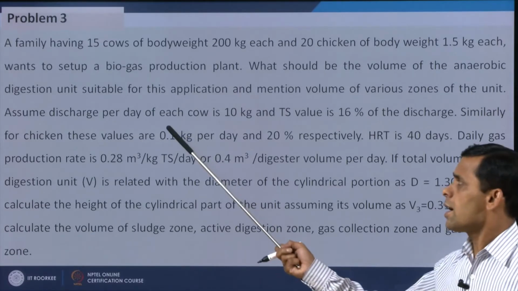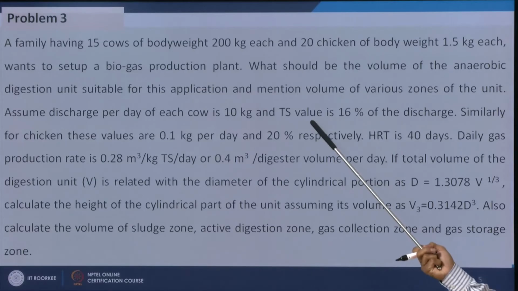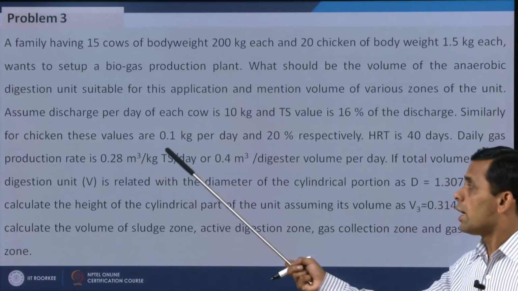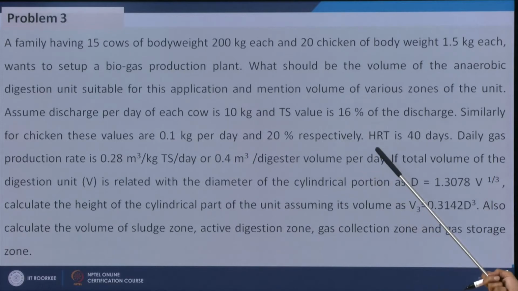Assume discharge per day of each cow is 10 kg and total solid, that is TS value, is 16% of the discharge. Similarly, for chicken these values are 0.1 kg per day and 20% respectively. HRT, hydraulic retention time, is 40 days.